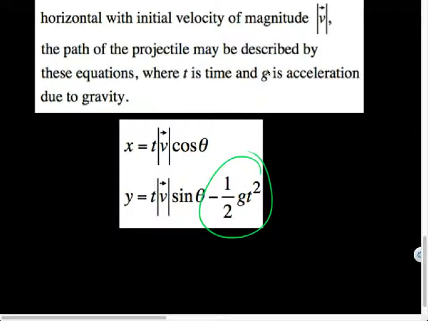G, it says, is the acceleration due to gravity. Notice that it's subtracting here, so it is slowly eating away at this overall speed. Once this is equal to this, that's when I'm at the peak of my parabola of the path, right? And once this is bigger than this, then it's actually, right, moving down at those moments. Actually, wait, I just said that wrong.